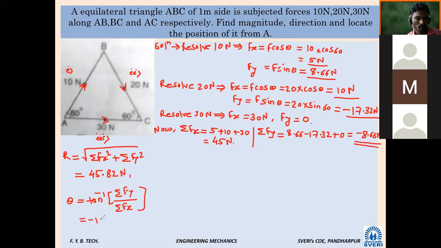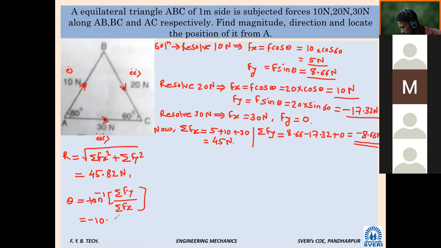Minus 10.89 degree. So theta we know, R we know.